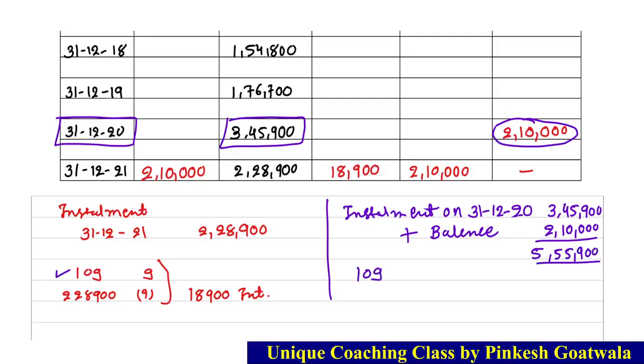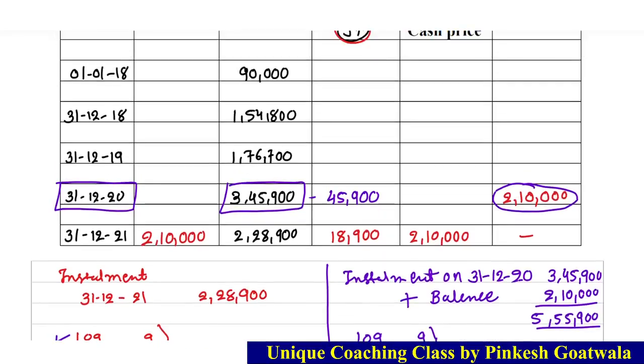So 109 on 5,55,900, how much do we get? You will get 45,900. Now we have to less it, so we get the actual payment of 3 lakh.